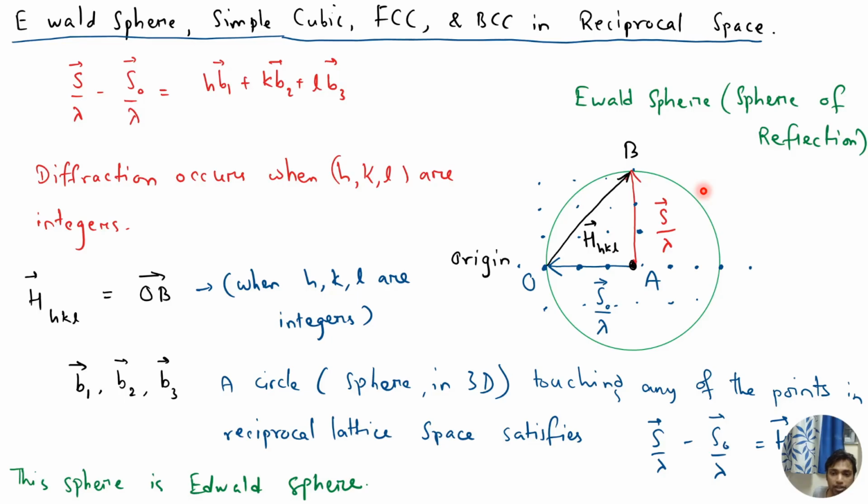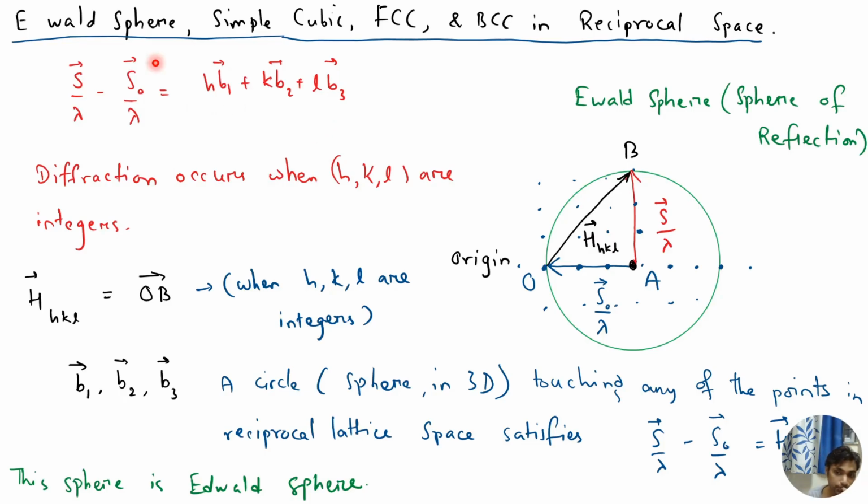Those points in the reciprocal space which this sphere is touching will satisfy the condition that s by lambda minus s naught by lambda is equal to h b1 plus k b2 plus l b3, where h, k and l are integers.